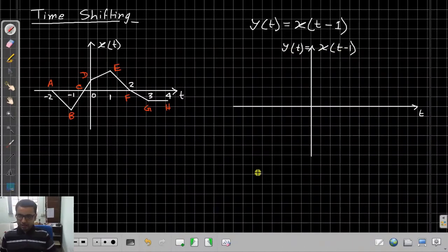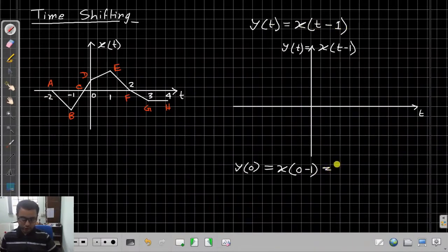Okay, so let us ask what will be the value of y at t equal to 0. This will be given by x of 0 minus 1, so y(0) is x(0 minus 1).